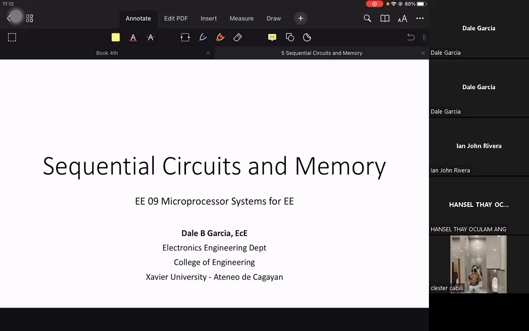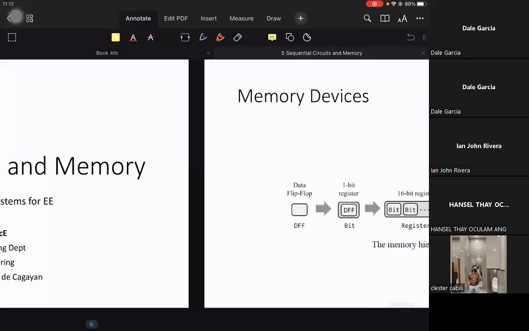Each of those has its own technologies. For this meeting, we'll be dealing with random access memories particularly. So, sequential circuits and memory. Memory within this context is random access memories.